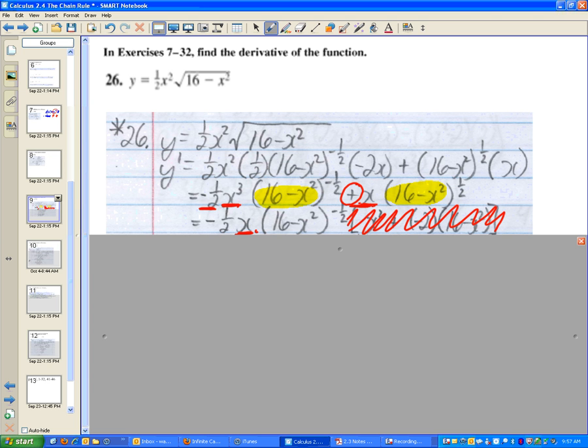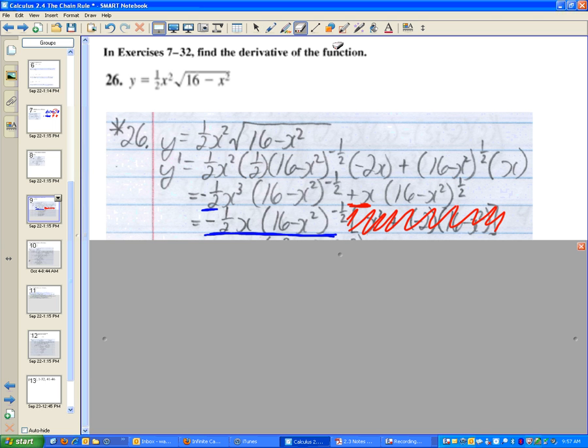So my greatest common factor is -1/2 x (16 minus x squared) to the -1/2. That is my greatest common factor. All right? Let's see what we're left with when we divide this out. So again, in front of the plus sign, if I divide negative 1/2 by negative 1/2, I get a coefficient of 1, right?